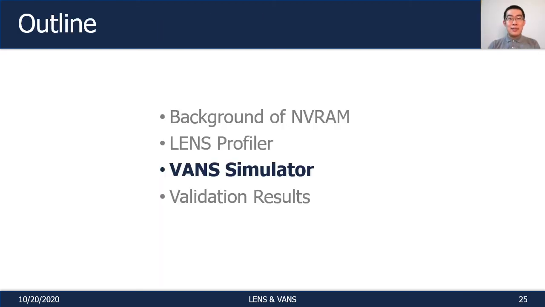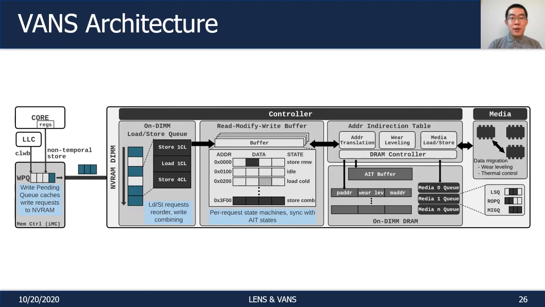Now we present the design of VANS. VANS implements an integrated memory controller with a write pending queue. It also implements a non-volatile memory model with an on-DIMM load store queue that reorders requests and performs write combining. There is a read-modify-write buffer, which we refer to as the L1 buffer in the previous slides.